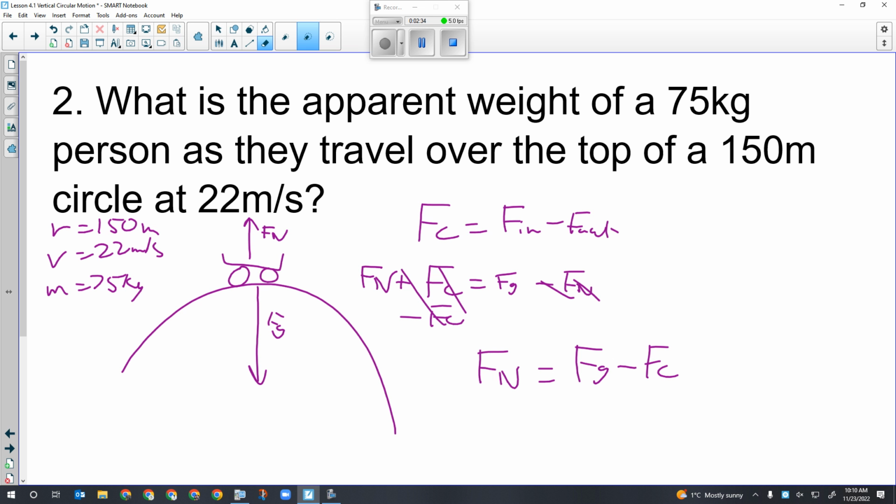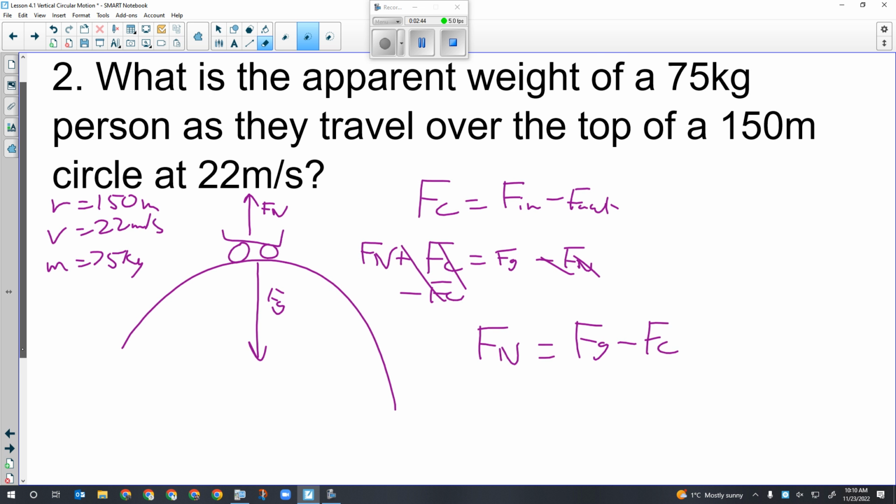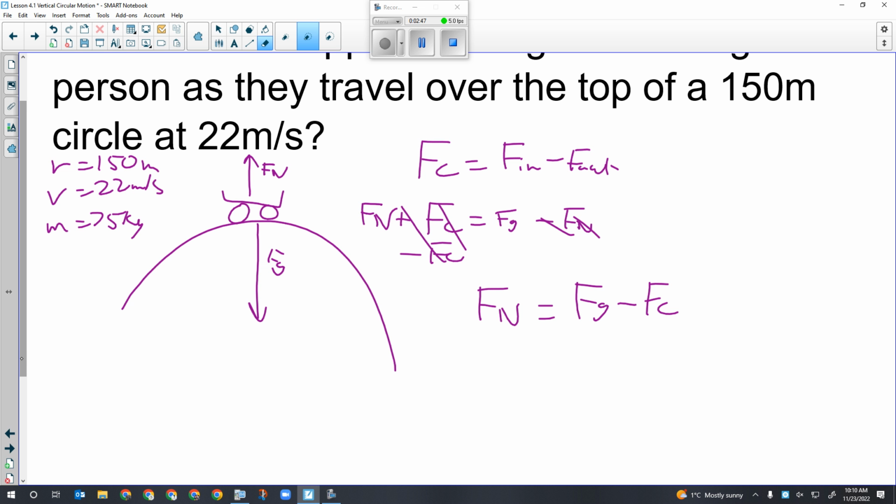Does that fit with how we should feel going over the top of a vertical circle? Yeah, we should feel lighter. So Fn should be less than Fg. Always good to logic check your math when you're doing algebra and stuff. Now that I've got that, I'm going to put in the formulas. That's going to be m times g minus mv squared over r.